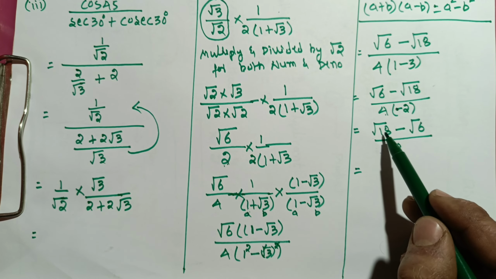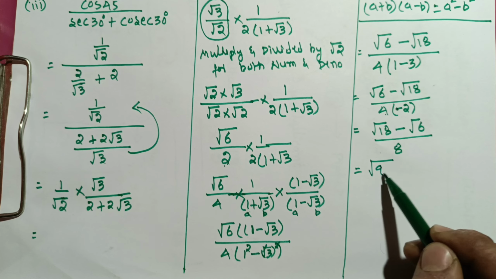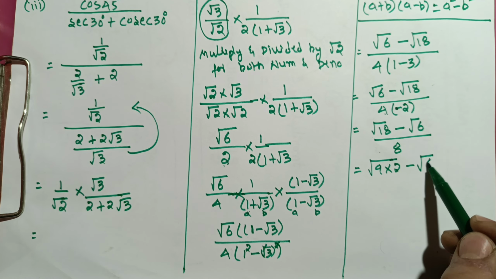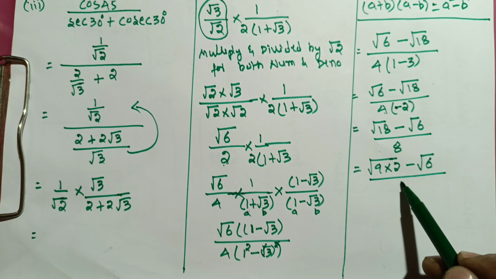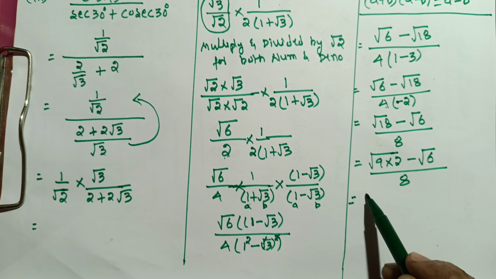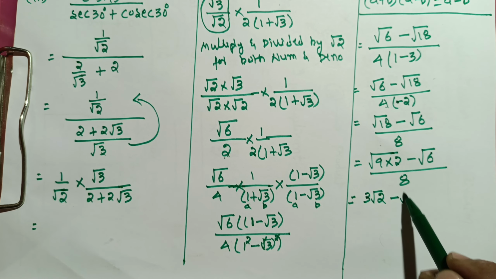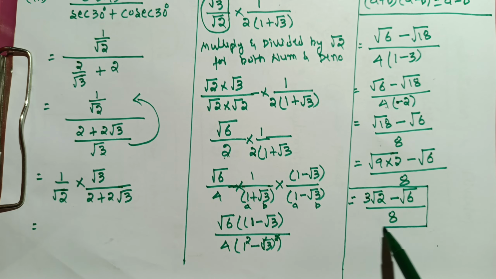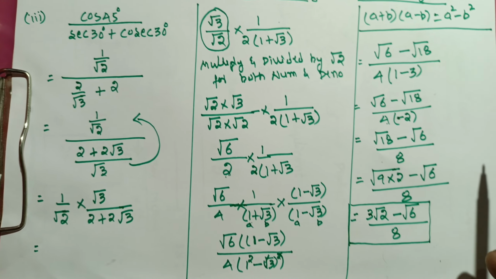So in the next step, root 18 I will write as under the root of 9 into 2 minus root 6, I will write as it is, divided by 8. So which is equal to, square root of 9 is 3, root 2 minus root 6 divided by 8. So this is the final answer for this expression. This is the final answer.